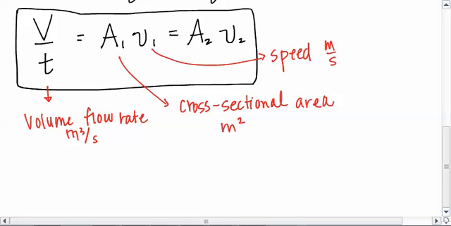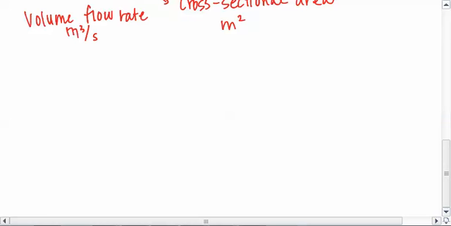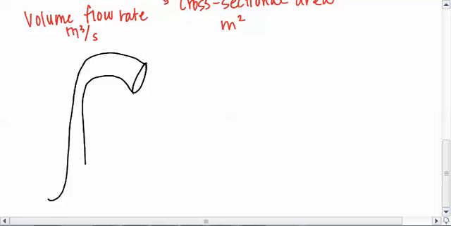So you probably have a volume flow rate continuity type situation at your house. Probably like in the shower, there's this thing right here, and maybe this pipe was like that. You got all these little bitty holes. What's the purpose of having all those little bitty holes?